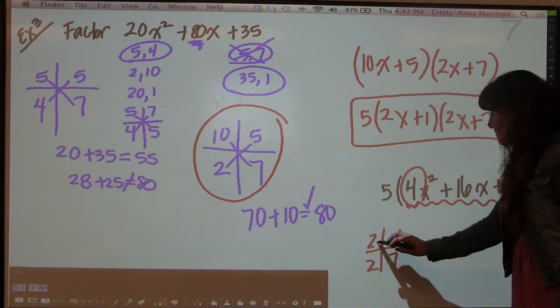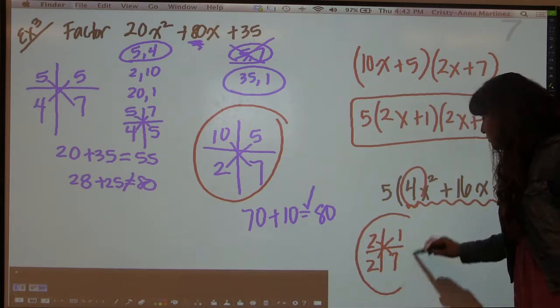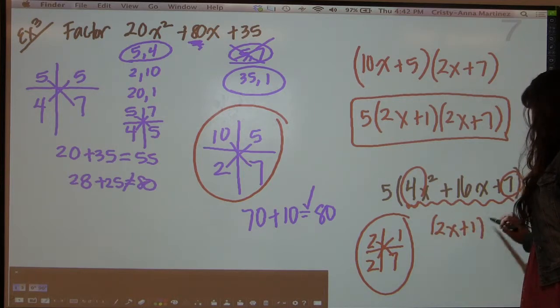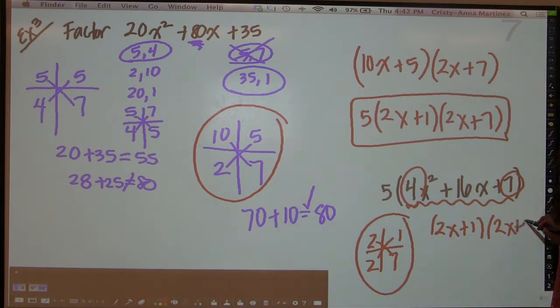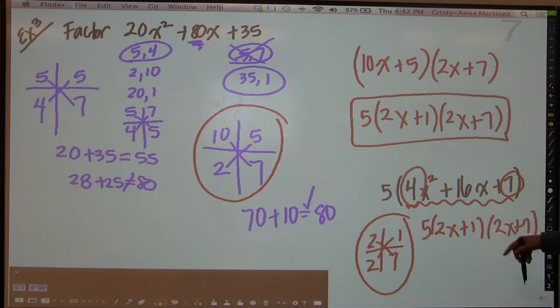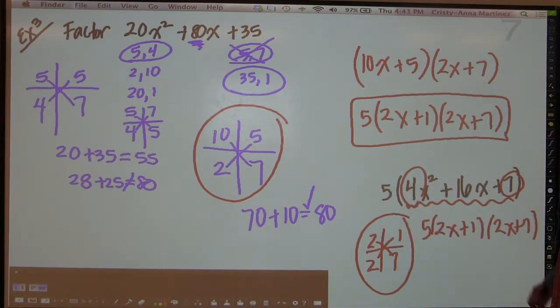So then we would have gotten 14 plus 2 is 16, and this would have worked as well, and that would have been 2x plus 1 and 2x plus 7, and then the 5 is out here, so you get the same exact answer. But again, that would have been easier if we would have factored out the 5 first. So my bad, I didn't do that, but either way we get the same answer.